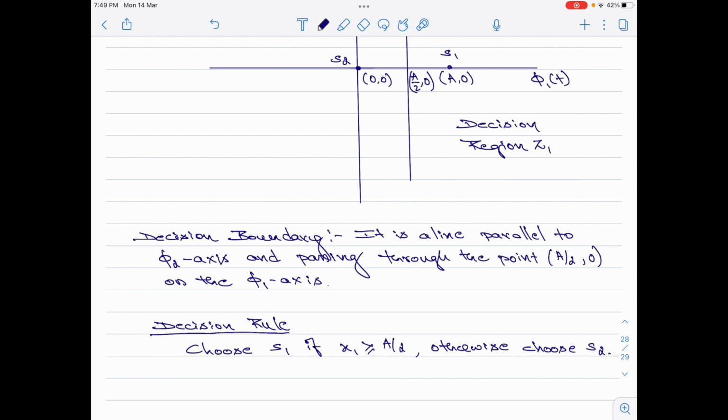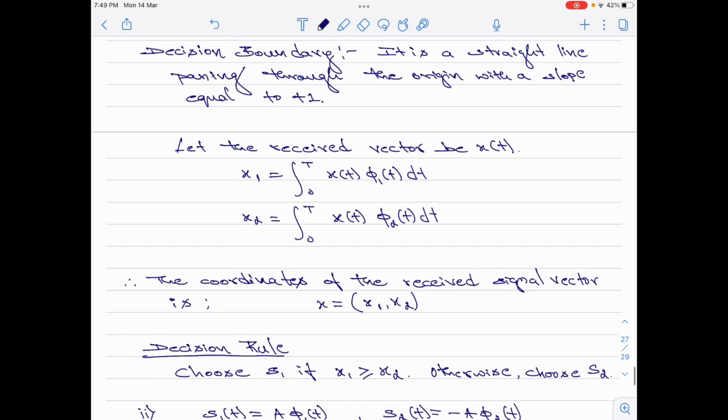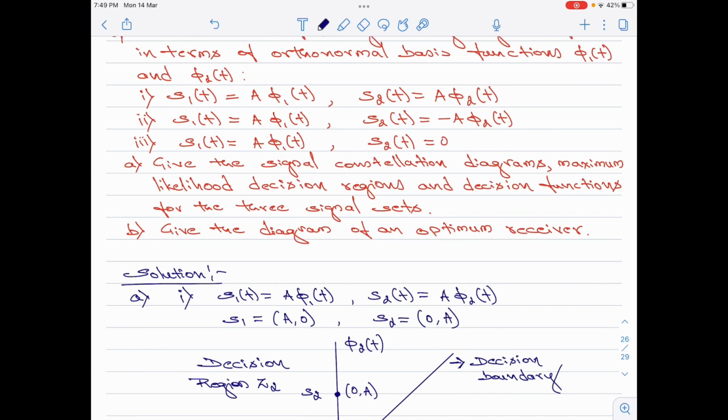Right. So, that completes part A of the numerical, which was to plot the constellation diagrams, find the decision boundaries and the decision functions for the three given signal sets. Let us now move on to part B of the numerical, which is to draw the optimum receiver. We know that there are two optimum receivers.